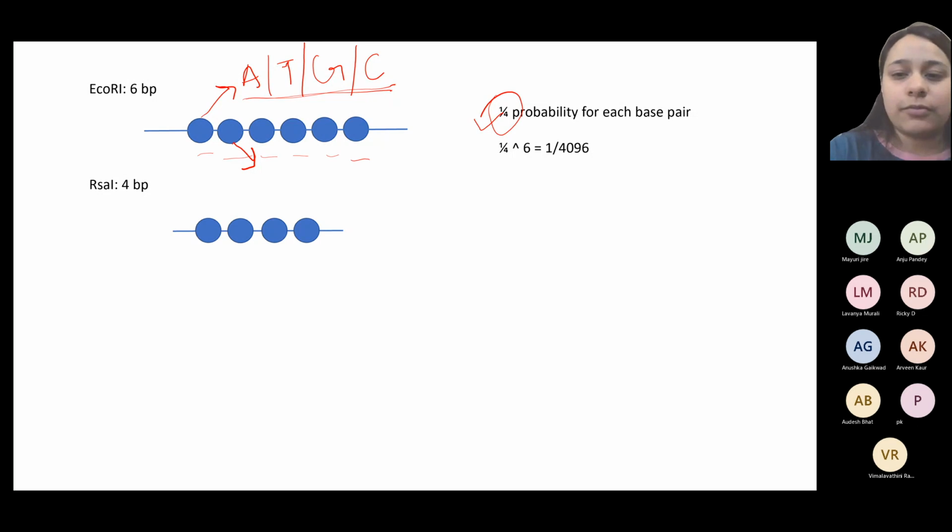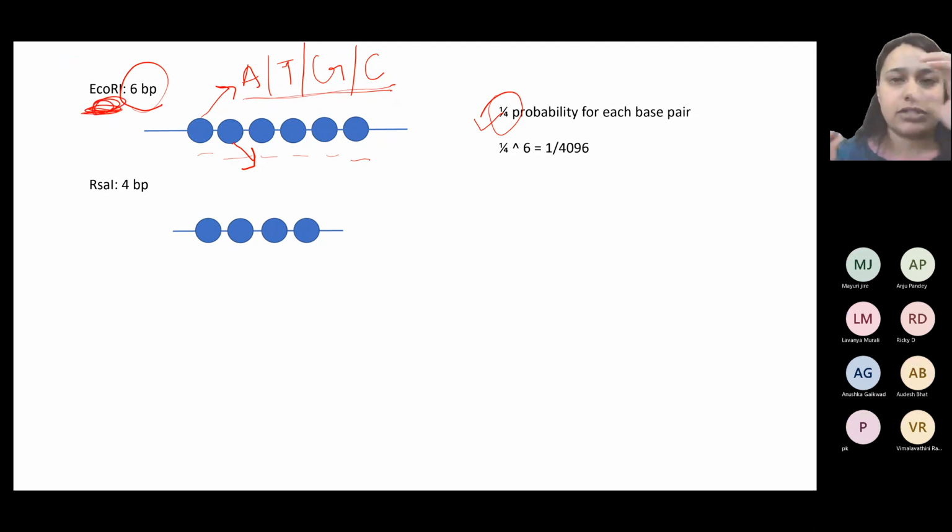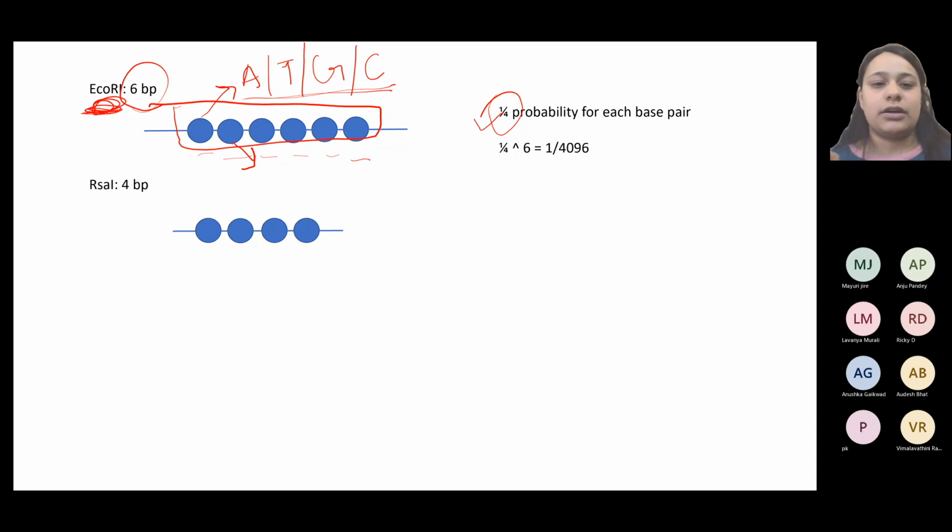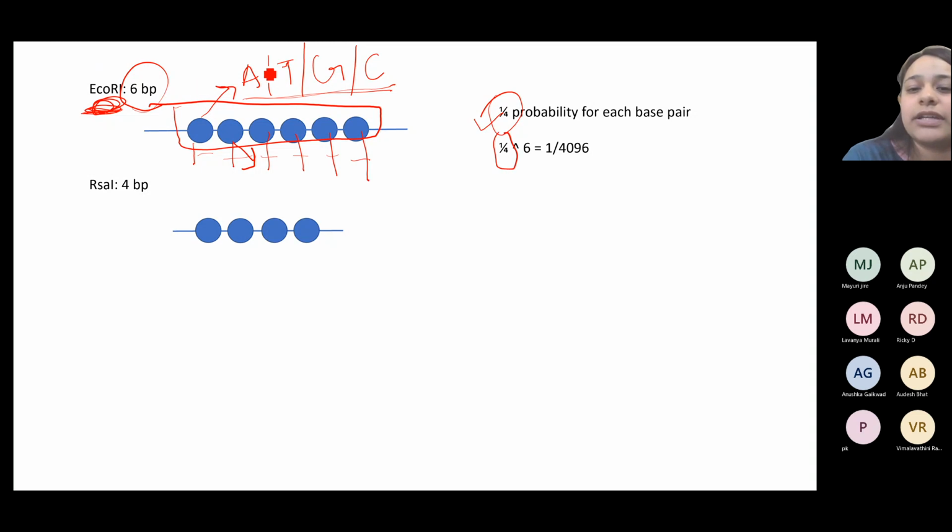So for the 6 base pairs, which are the recognition site for EcoR1, one particular sequence of bases, the probability is 1 by 4 into 1 by 4 into 1 by 4 into 1 by 4 into 1 by 4 into 1 by 4. So 1 by 4 raised to power 6 is the probability. I calculated it to be 1 by 4096.